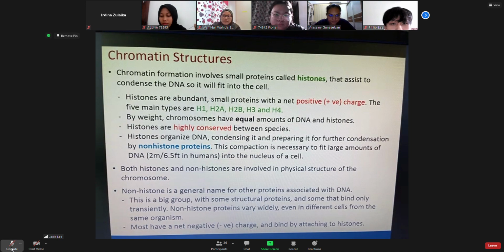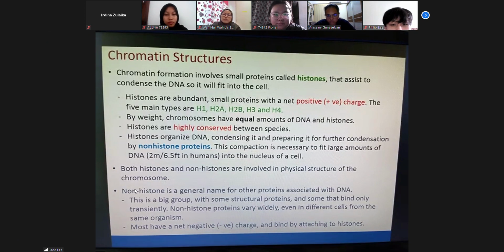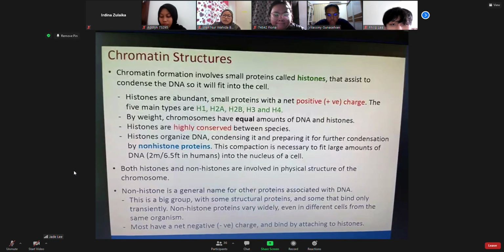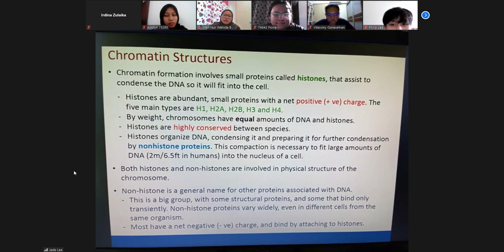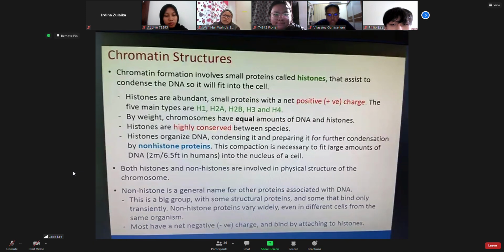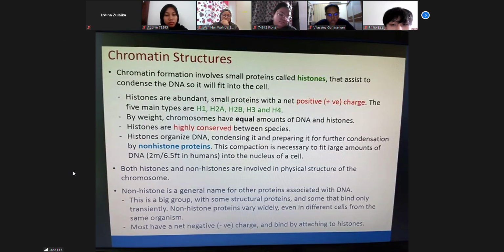Ya. Kalau kita tidak compact, nanti dia berserabut dalam sel kita. Dalam nukleus kita, dia berserabut. So, dia mesti compact, se-compact yang mungkin supaya dia boleh fit into the nucleus. Because nucleus kita kecil lagi daripada sel kan.